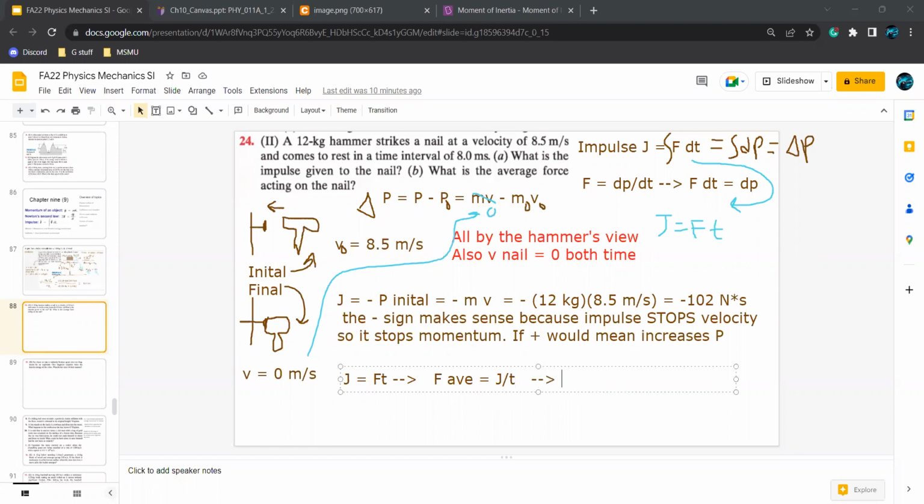And then your average force, we're going to go ahead and plug it in, because we calculated J already: negative 102 kilogram meters per second. And then you're going to divide by the time, I think it tells you the amount of seconds. It says 8 milliseconds, which should be 0.008.